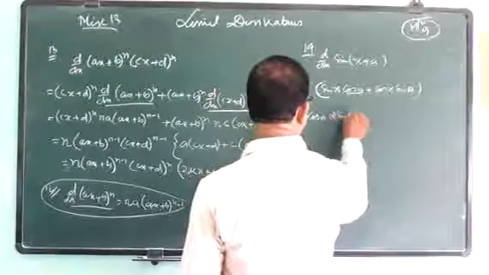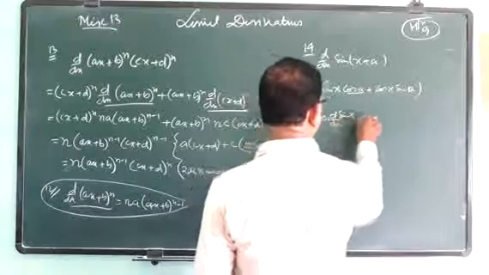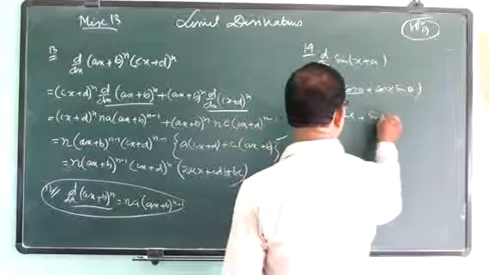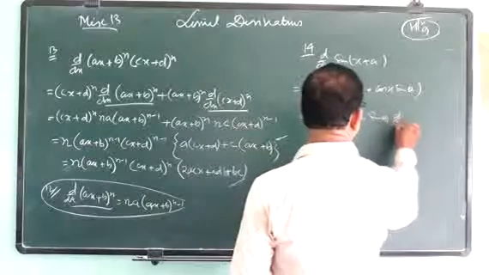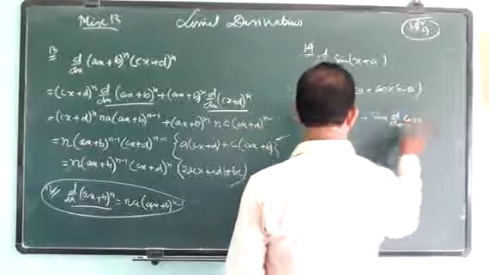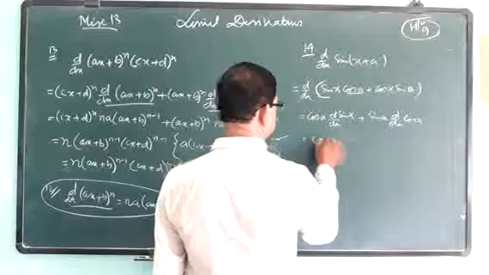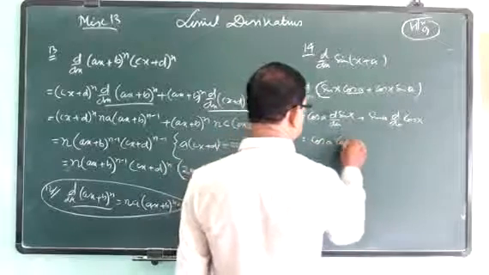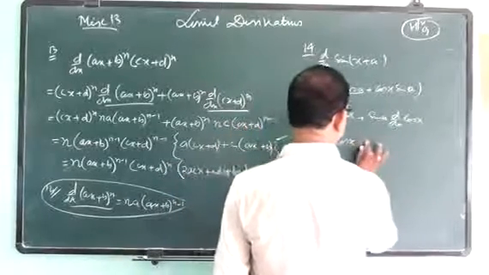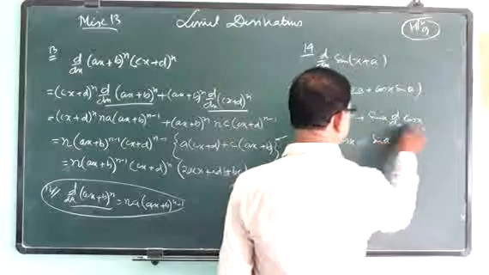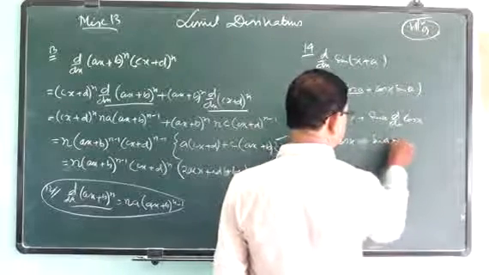You have to differentiate only sin x. Then take sin a outside and differentiate only cos x. Now, the differentiation of sin x is cos x and the differentiation of cos x is minus sin x.